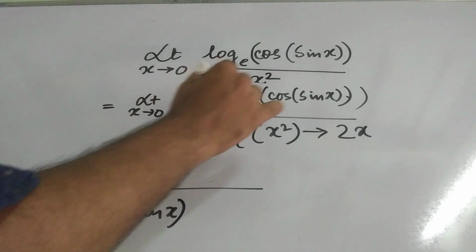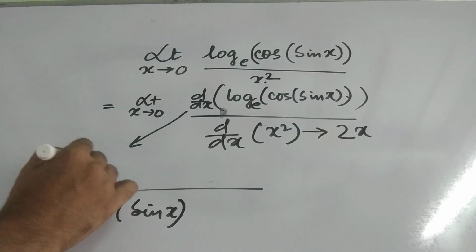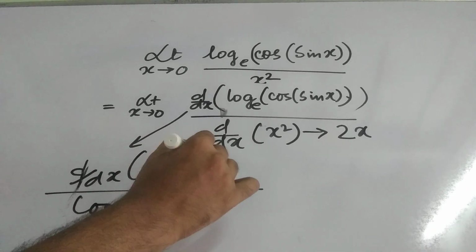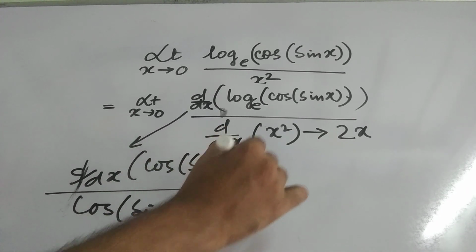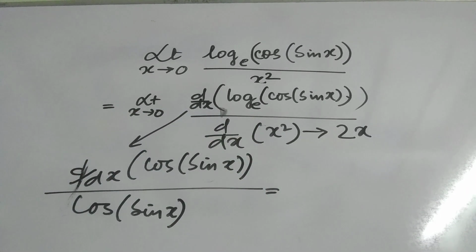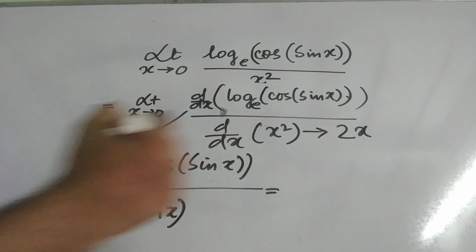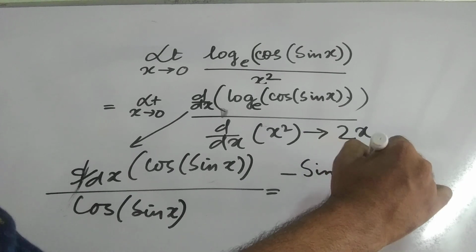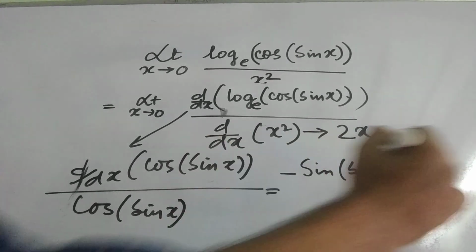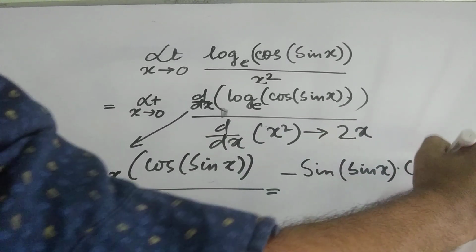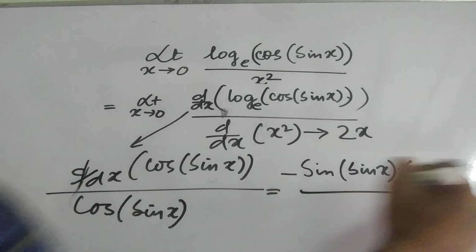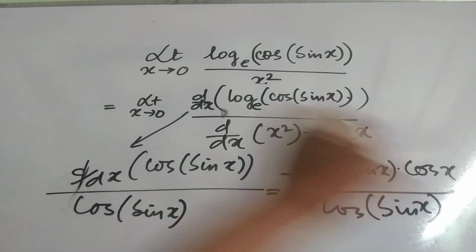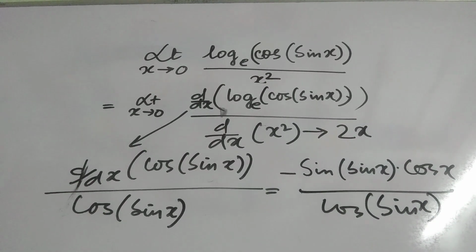At the same time, I have to differentiate on the top d/dx of cos of sin x. So what will be the d/dx of cos of sin x? d/dx of cos x means minus sin x. Then it should be minus sin of sin x, and inside there is a sin x, so it should be cos x, whole divided by cos of sin x. That is the derivative of the numerator.